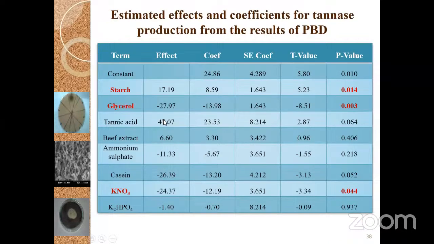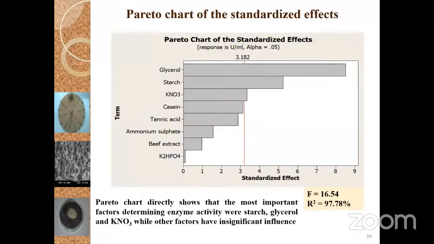Depending upon the calculation of the p-value, that is a confidence level not less than 95%, we found that starch, glycerol, and KNO3 show a p-value less than 0.05. So these factors are considered important factors for the production of the enzyme. The Minitab software provides this Pareto chart for knowing which are the important factors that affect the enzyme activity.